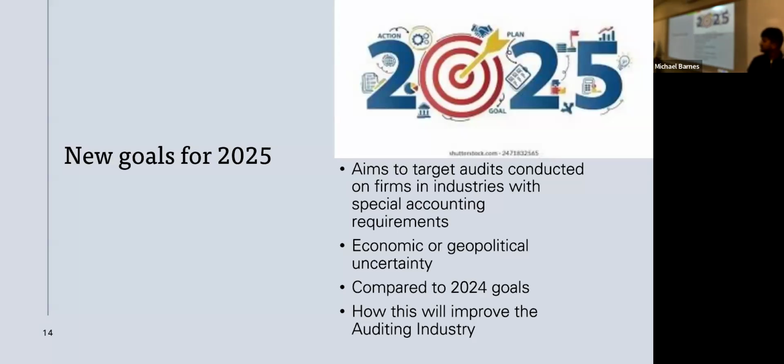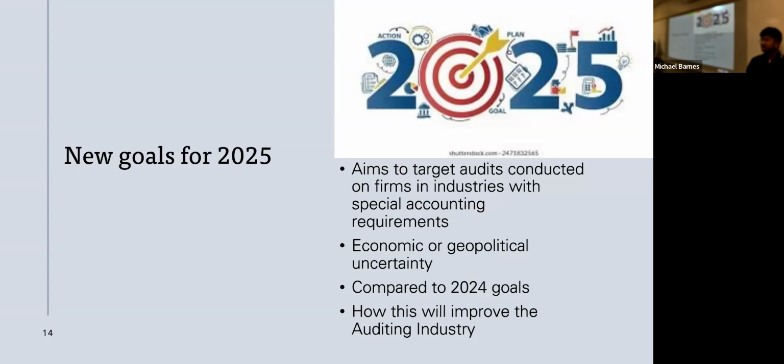Some major goals they have moving forward, as we've touched on previously. In 2025, the PCAOB aims to target audits conducted on firms in industries with special accounting requirements. These requirements generally focus around the economic and geopolitical conditions of the given markets in which these firms exist.